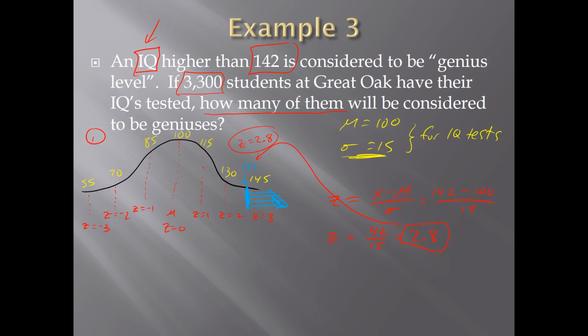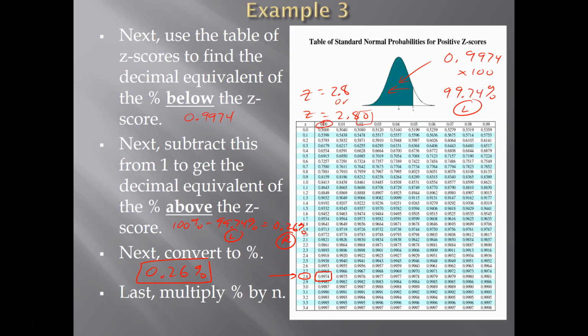All right, so what we need to do now is take this 0.26%, which, by the way, really means 0.26 out of 100, right? So I need to take that and multiply by how many students are actually at the school.